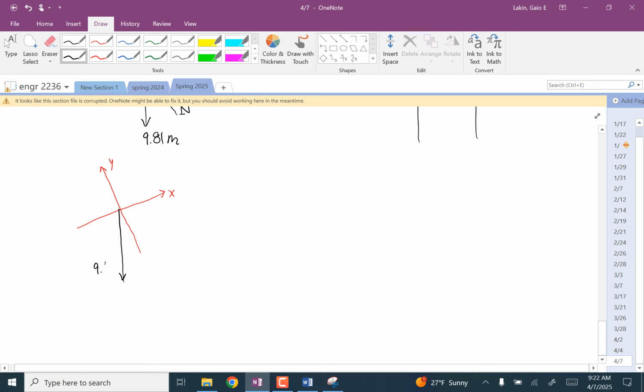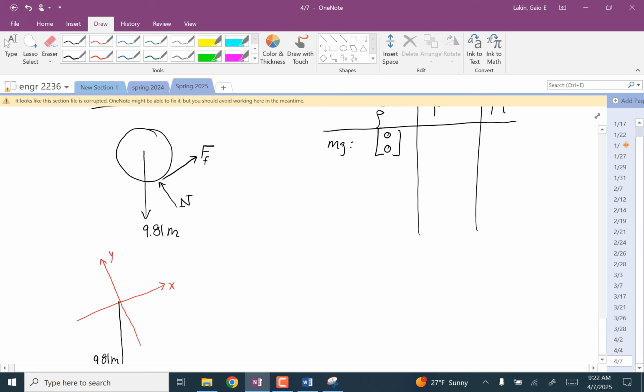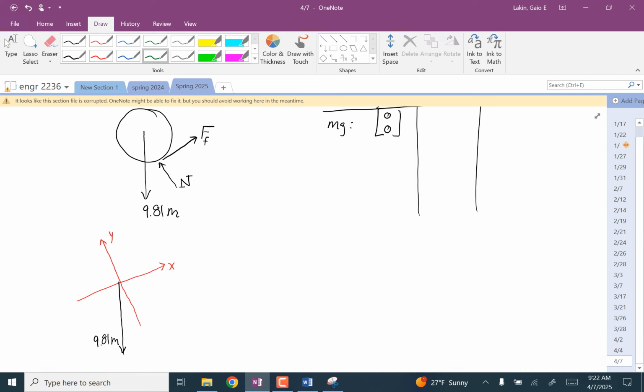This is equal to 9.81 m. And this angle is, so we're going to end up 10 degrees short of making it to that negative y axis.